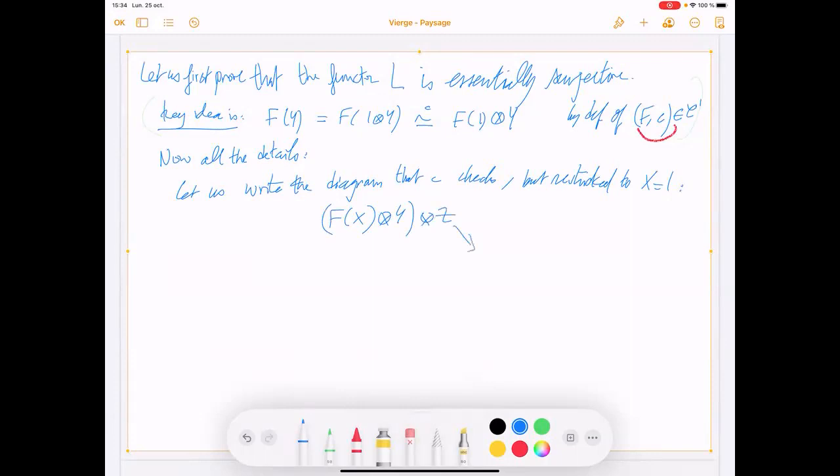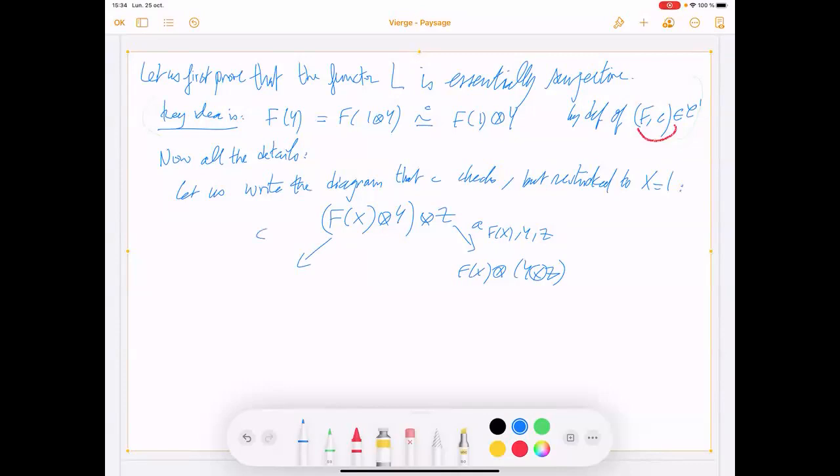Here, f of x, y. So recall here, x equals 0, x equal 1. F of x, tensor y, z. Here we only apply the associativity constraint. Here we apply the C.